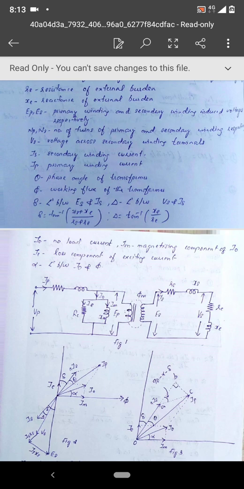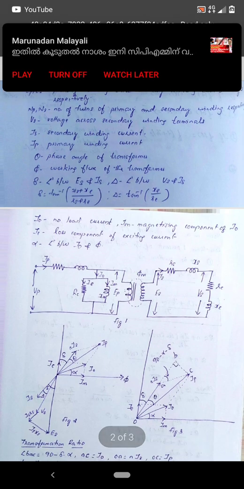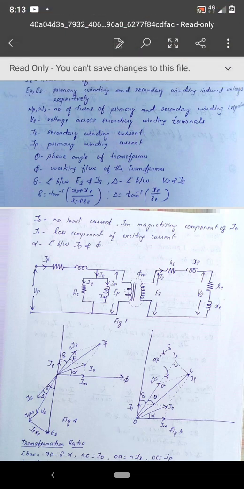So RC represents the resistance of the core, and XM represents the reactance of the core. So this XM results in IM, which is the current flowing through XM. So the IM component actually creates the flux, and the IE component actually creates I square R losses in the core.